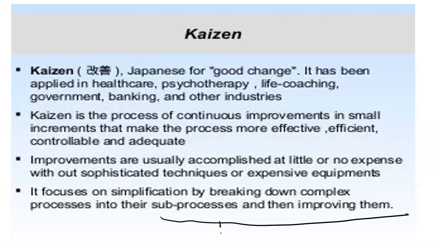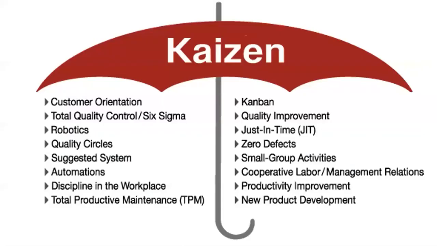Here you have broken this portion: this is A, then B, then C, then D. You will improve gradually: some improvement in this sector, then improvement here, then improvement in section C. Each step that is part of the whole process will be improved at a gradual, continuous level.